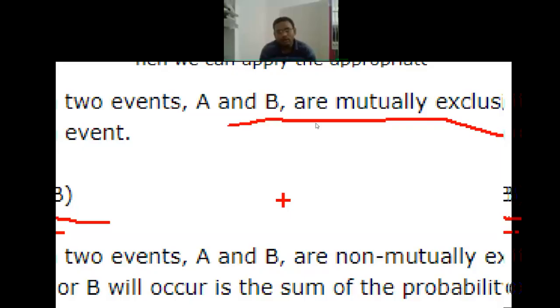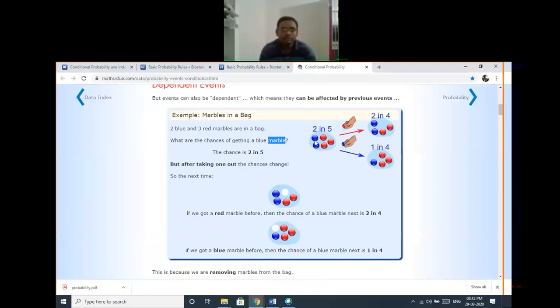But after the first event has occurred, when you are extracting from the remaining, it is 1 upon 4, because already we have taken a blue marble. So that's why the sample space has been reduced. Out of 5 it became 4, and the blue count became 1 because you have taken one blue ball in the previous event. So if we got a red marble before, then the chance of a blue marble is 2 by 4.